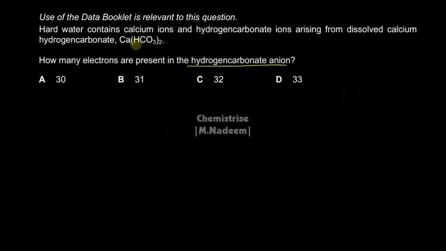Looking at this formula, there are two hydrogen carbonate anions attached with one calcium, and you know calcium is a 2 plus ion. So the hydrogen carbonate anion will be HCO3 1 negative, to make the formula Ca(HCO3)2. We have to find how many electrons are present in this ion.